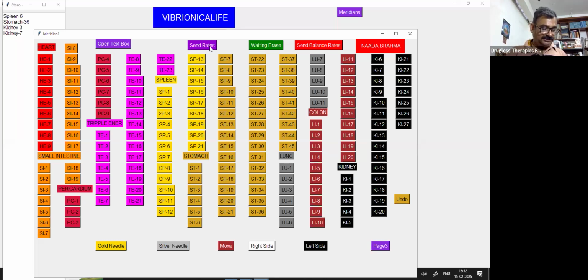Flexible backbone, disorder in the thoracic part of the backbone, and sclerosis. Sclerosis means stiffness in the thoracic region. So when wind excess is there, it will be reflected like this.